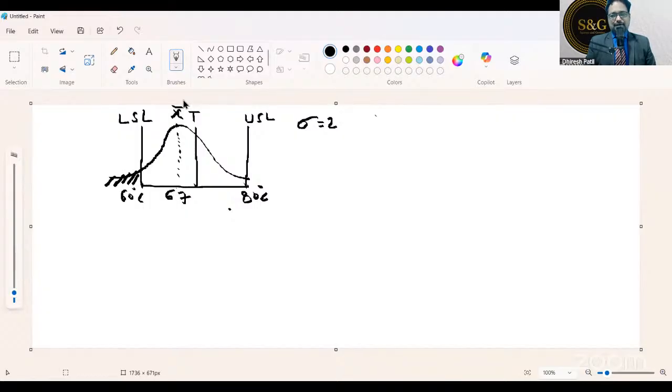Very fast calculation. So Cpk upper becomes 2.16, Cpk lower becomes 1.16. Everybody got these answers? And so the Cpk becomes the lower of that, which is 1.16. So that becomes your Cpk. Clear hai everybody? Just give me yes in the chat box.